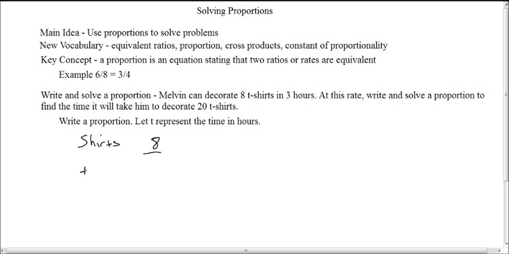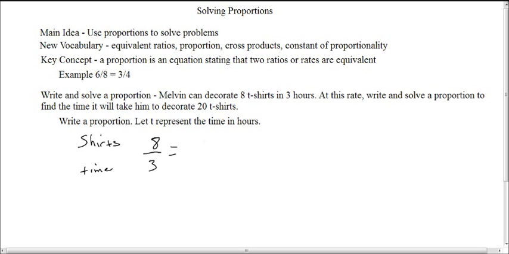So we'll just use T for time here. And 3 hours. Now if you notice, for my first ratio, I have shirts over time. So that means when I look at the second ratio, again, I must put the same format. I can't put time over shirts. I have to put shirts over time.